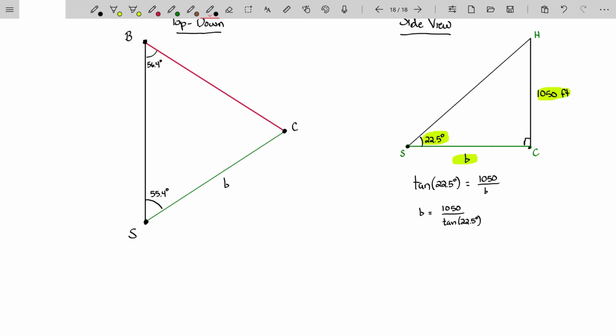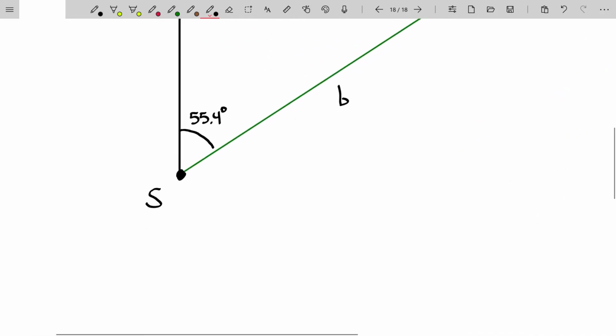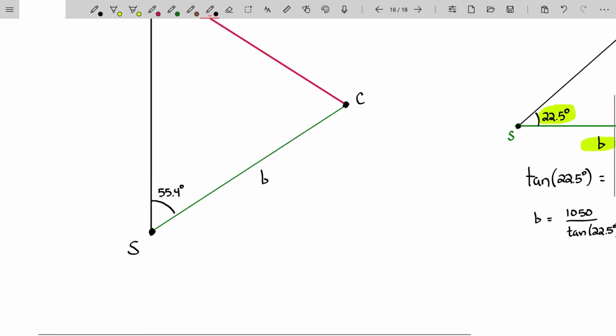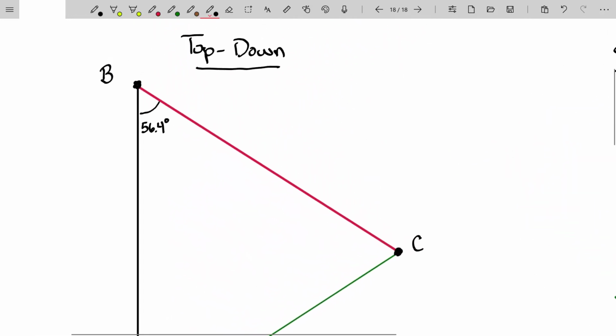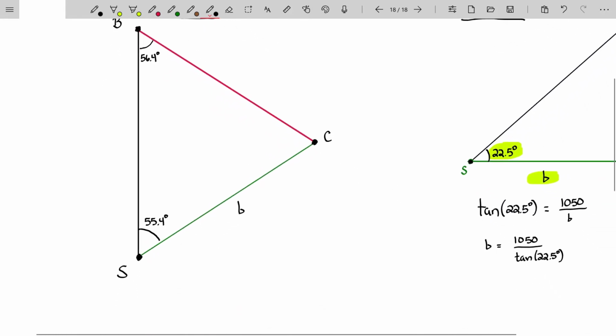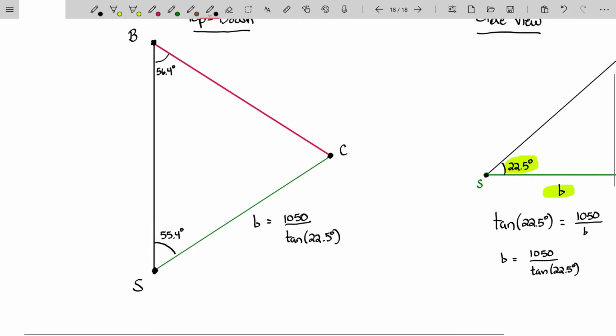They don't need to know the distance between the station and the crash. They need to know the distance between the boat and the crash. So I'm going to just write the exact form of this side length right here, 1050 over the tangent of 22.5. I will use that in a few moments in a calculator, but not yet.